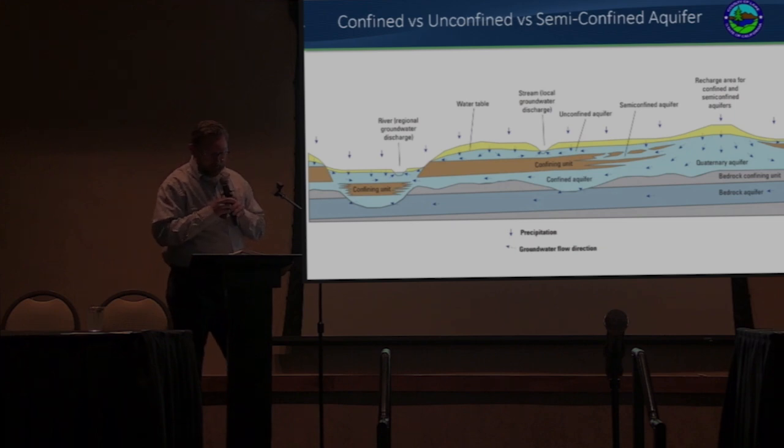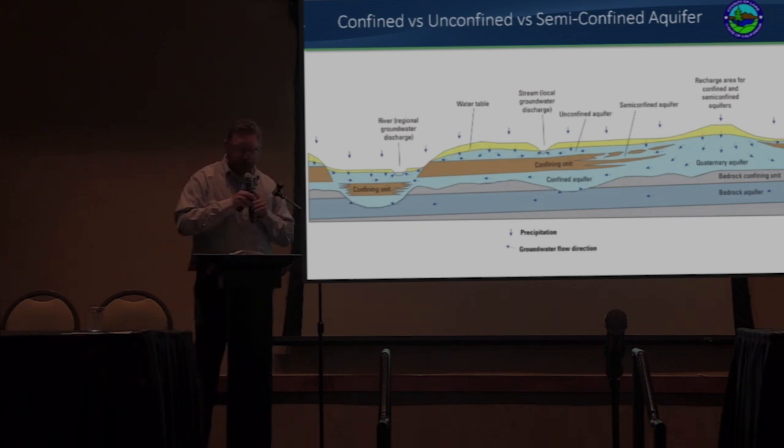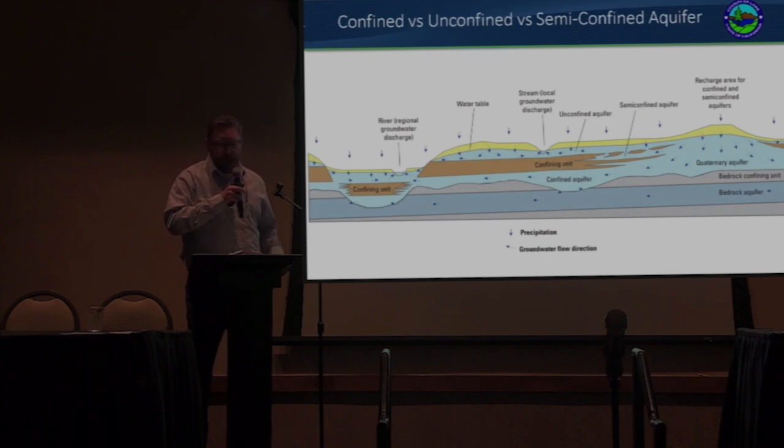All right. Well, so what we'll do is we'll define a confined, semi-confined, and an unconfined aquifer. A confined aquifer, and you can see that here, is an aquifer below the land surface with layers of impermeable material above and below the aquifer. And an unconfined aquifer, which you can see in this location here, is an aquifer where groundwater is in direct contact with the atmosphere through the open pore spaces of the overlying soil or rock.